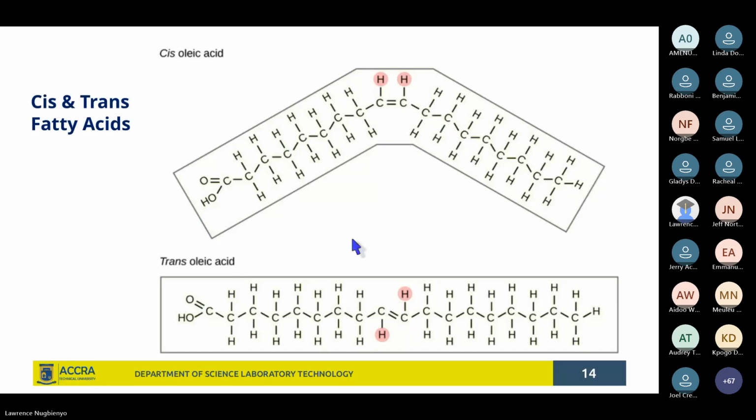All right. Now, you see that such bonds also in fatty acids, which will be present in, say, membranes, will result in a particular portion of a cell membrane being easily penetrated by substances moving in and out of the cell.